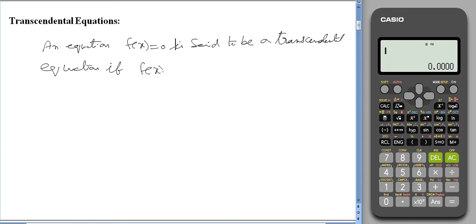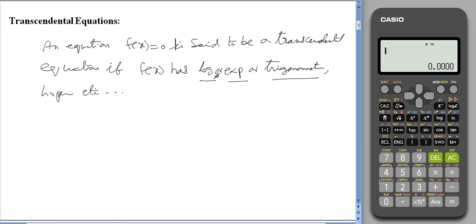f of x has logarithmic functions, exponential functions, or trigonometric functions, hyperbolic functions, etc. If any one of the functions is a logarithmic function, exponential function, trigonometric function or hyperbolic function, then the corresponding equation is called a transcendental equation.